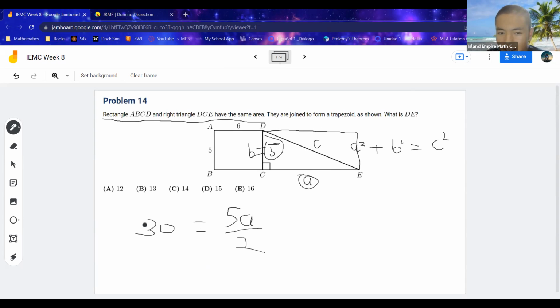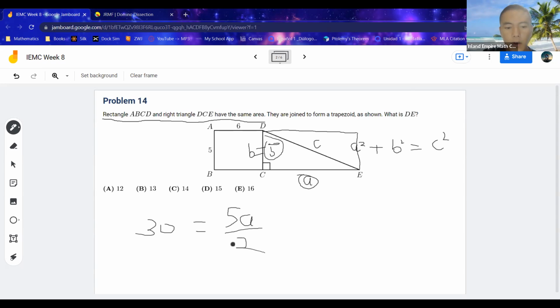Are you sure? I don't know, because 30 divided by 2 equals 15. Oh, wait. Oh, never mind. Here A is 7. Well, if A is 7, then 7 times 5 is 35, and divided by 2, that's 17.5, which is not 30.